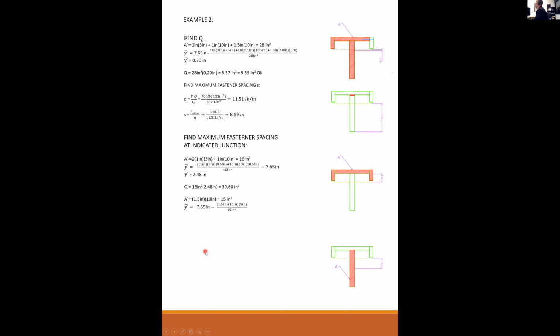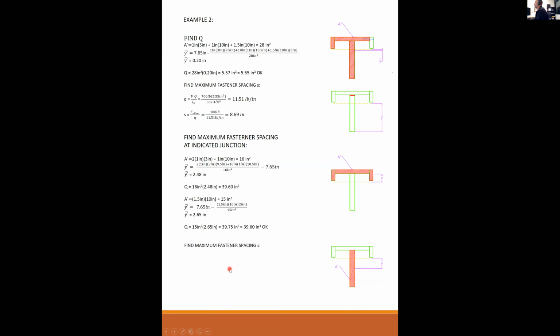And Y bar prime is the center of gravity of the whole thing minus the center of gravity of the web, and that gives me 2.65 inches, that distance right there. So Q is 15 inches squared times 2.65, which gives me 39.75 inches cubed. Again, these two are nearly the same within round off error.